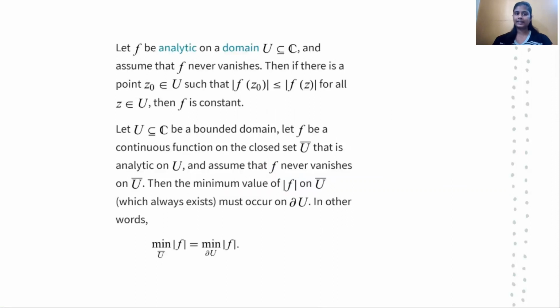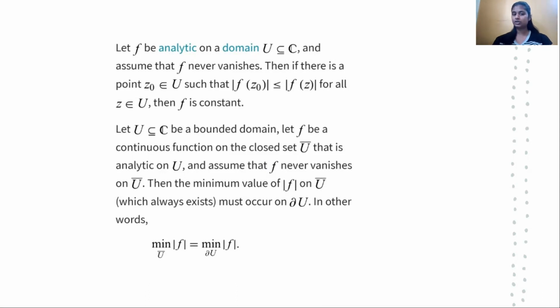Let f be analytic on a domain U, a subset of the complex numbers, and assume that f never vanishes. Then if there is a point z0 that belongs to U such that |f(z0)| ≤ |f(z)| for all z in U, then f is constant. Let U, a subset of the complex numbers, be a bounded domain.